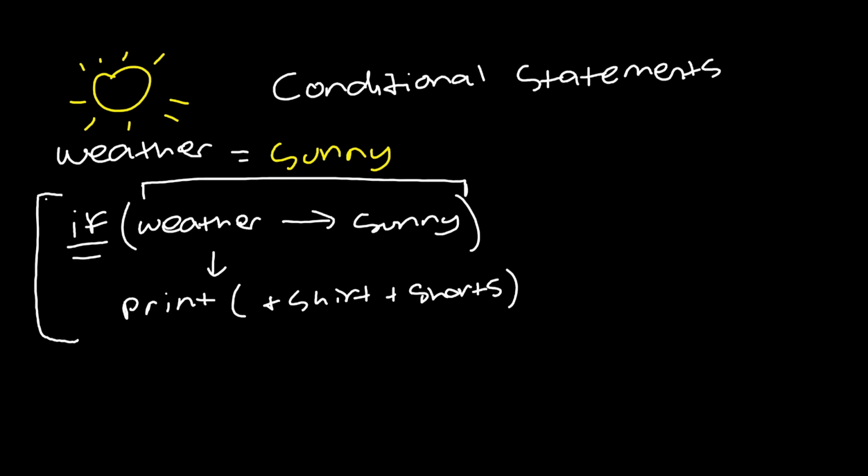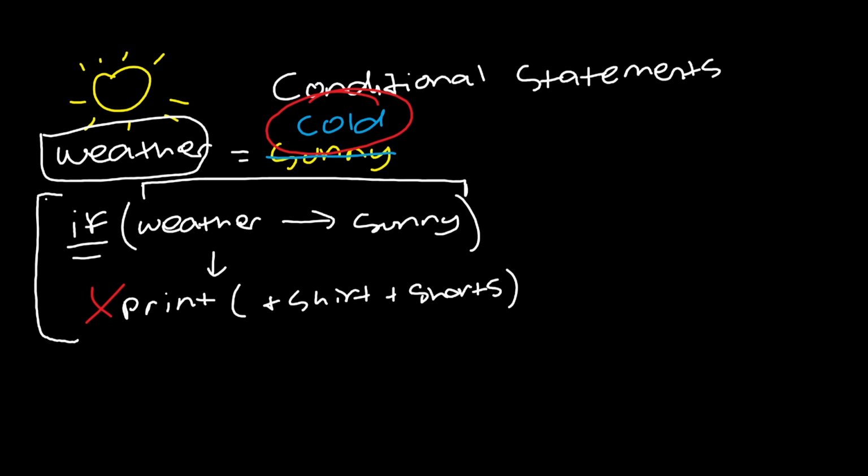Now, what if the weather isn't sunny? What if the weather instead is cold? Well, when we run this program as it is right now, the computer, when it goes through our code, is going to see that weather isn't sunny. So it's not going to execute this line of code over here because our weather is cold.